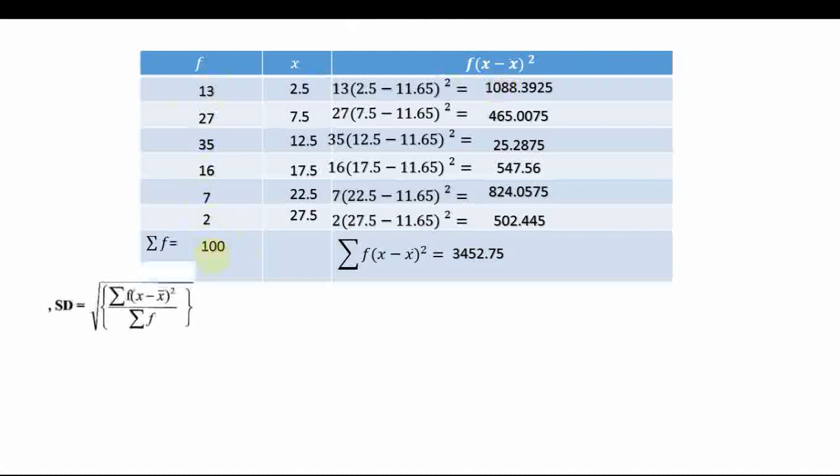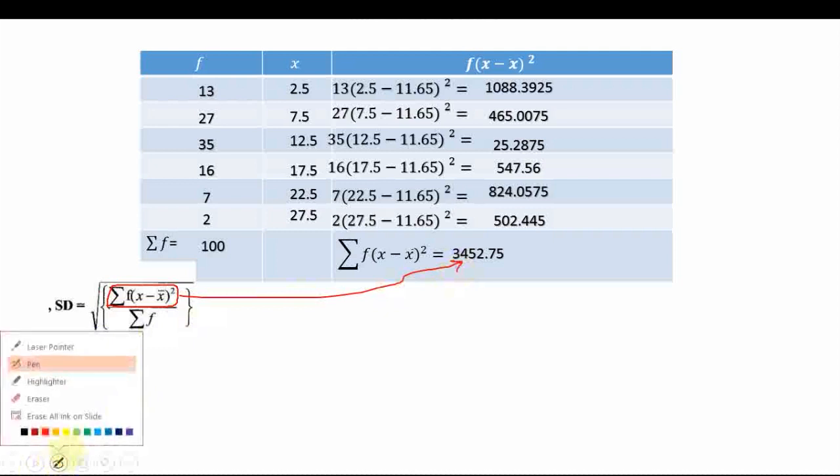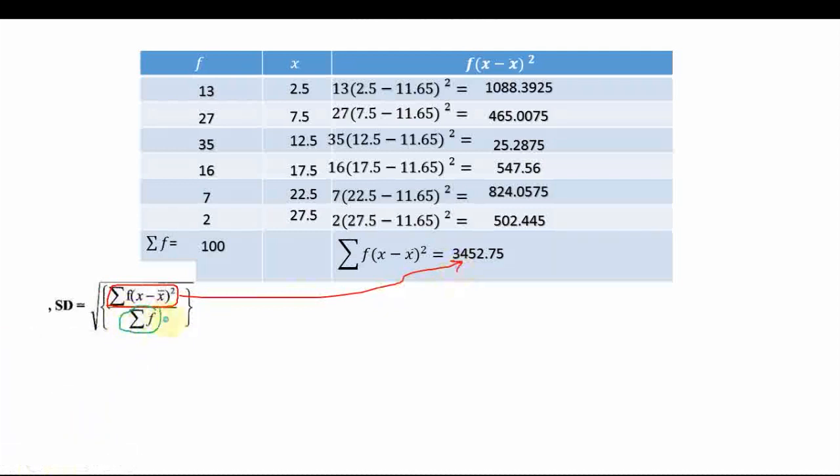Now we can go straight into calculating standard deviation. So standard deviation is equal to, you can see what is on top here, the summation of what? So root of summation of this, and we have, this is the value here, you can see. Then we also have the summation of what? Frequency. This part here, we have the summation of frequency, which is 100 there. So just substitute the values.